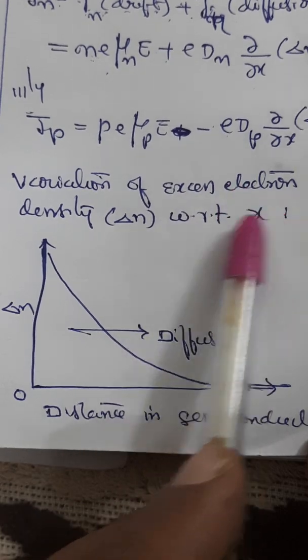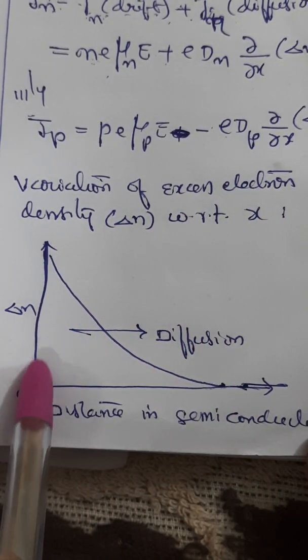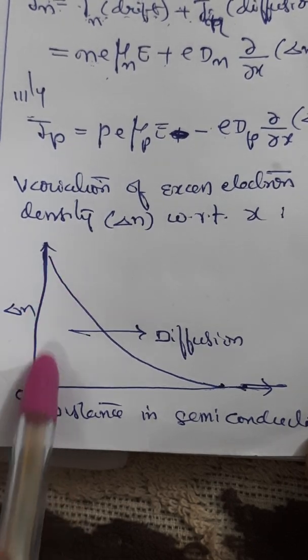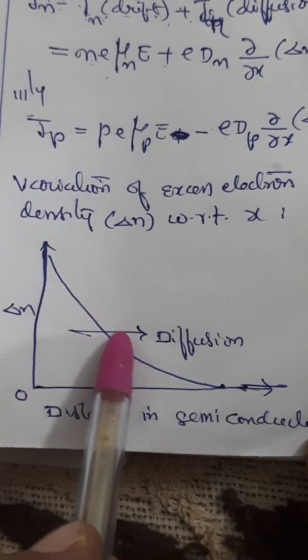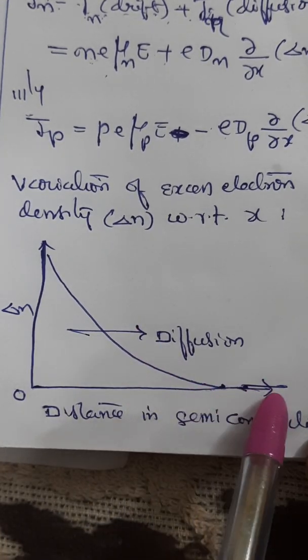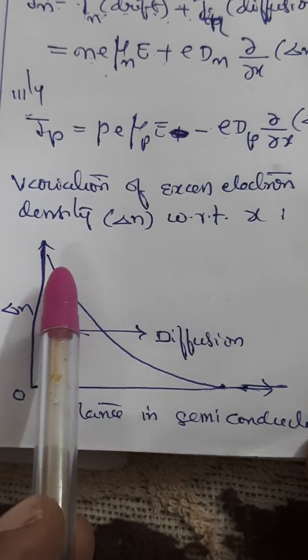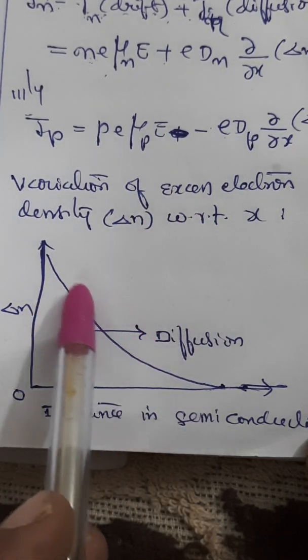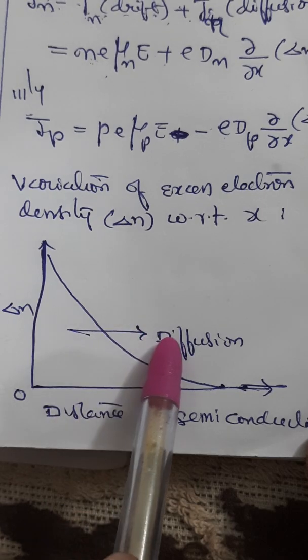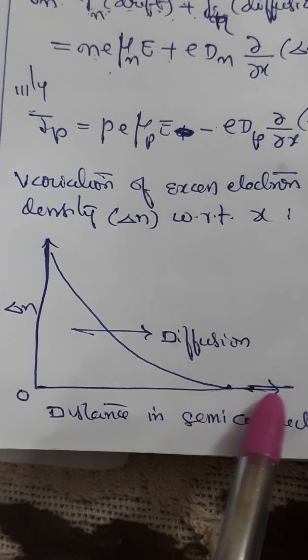X is the distance in the semiconductor through which they are traveling. Delta n is the excess electrons. When you plot the graph, it comes like this: as they pass through, it decreases. So this graph shows the variation of excess electron density, delta n, with respect to the distance in the semiconductor.